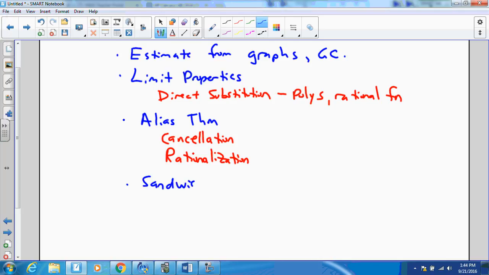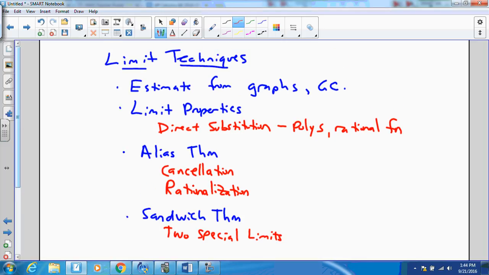And finally, we had the sandwich theorem. The sandwich theorem was our tool for finding two special limits that we just talked about. So in some sense, this is all of the material that we have covered here concerning limits.